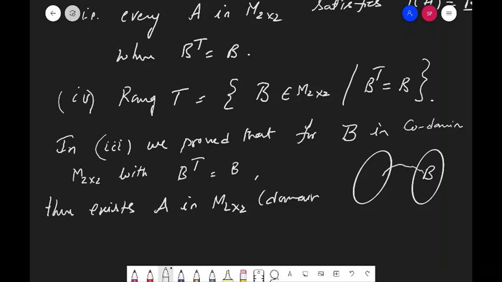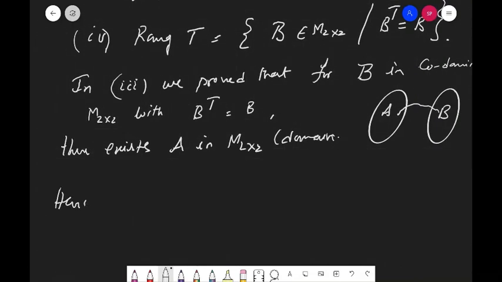So for every such B there exists an A in the domain. What do you mean by that? The entire range of T is satisfying the same condition. The question asks that the range of T is the set of B with the property that B transpose is equal to B.